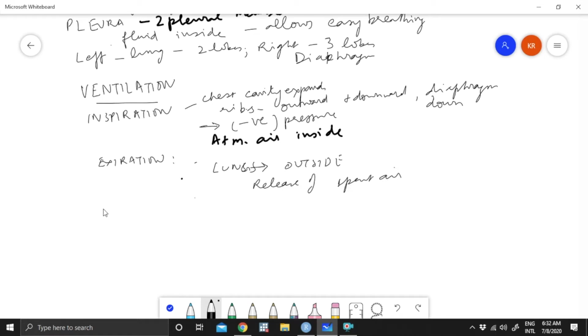Now the air that we breathe in and out during regular, normal breathing is called tidal volume. And sometimes you can take a very deep breath.